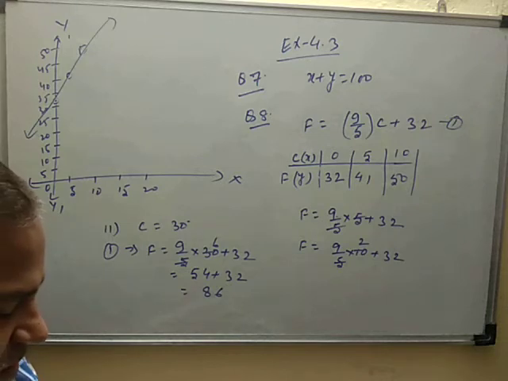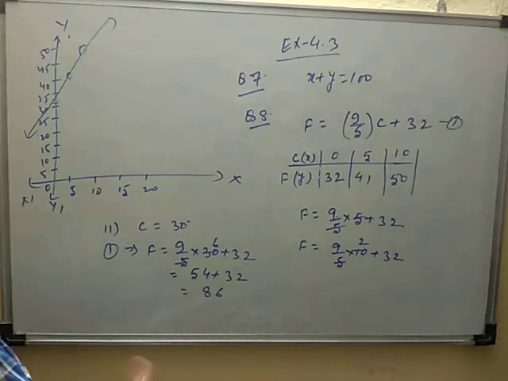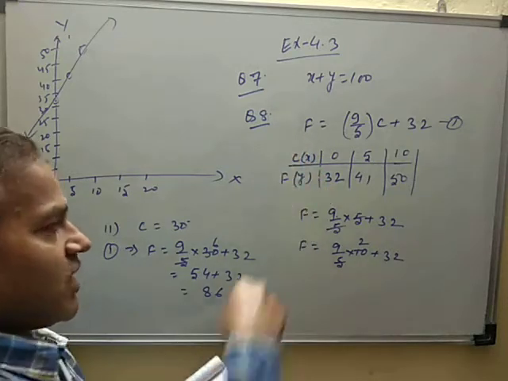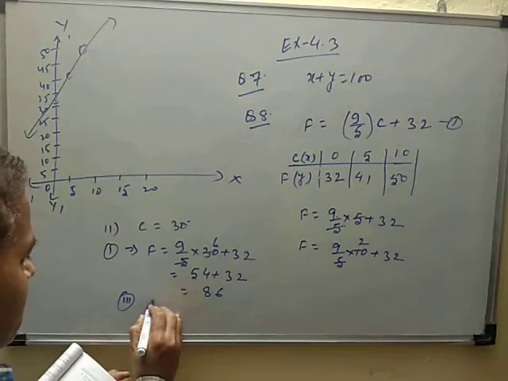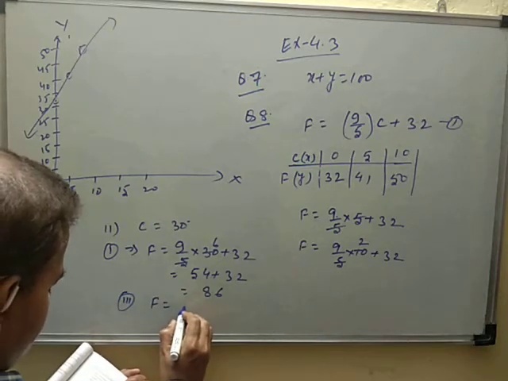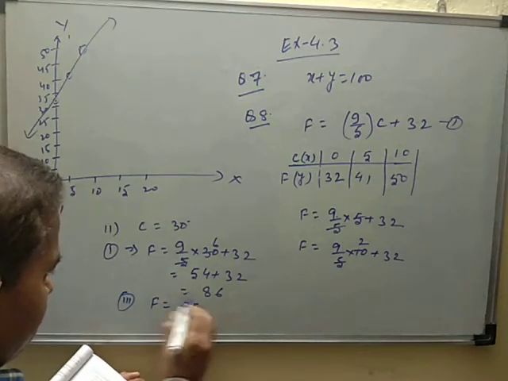And third, same as, if the temperature is 95 degrees Fahrenheit, that is F is given, what is the temperature in Celsius? That is find C. F given and find C. For the third, here F is equal to the given 95 degrees Fahrenheit.